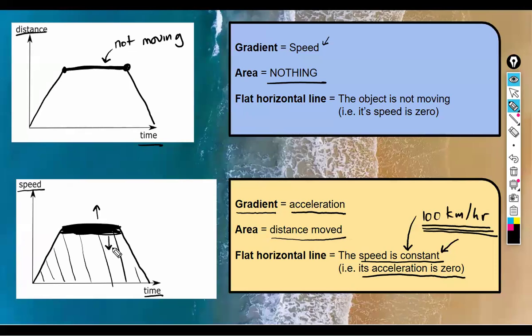Lower. The acceleration is 0, because an acceleration causes a change in speed. So if your acceleration is 0, that means your speed is not going what? Faster or slower. You're just stuck at one constant value for your speed.